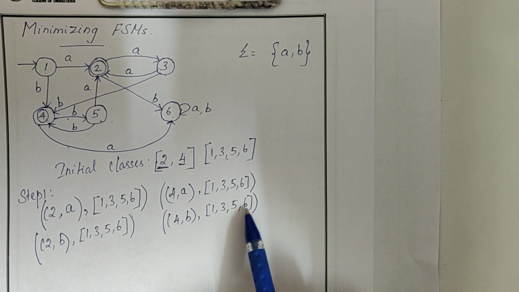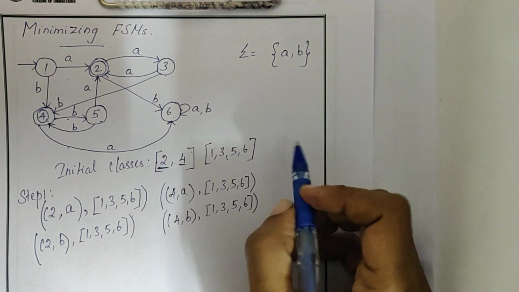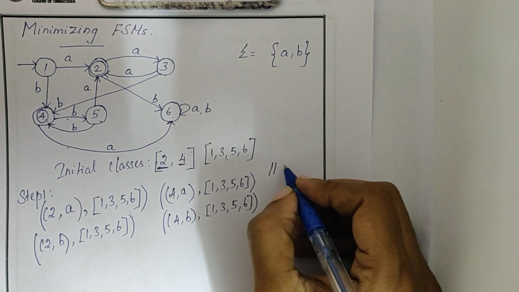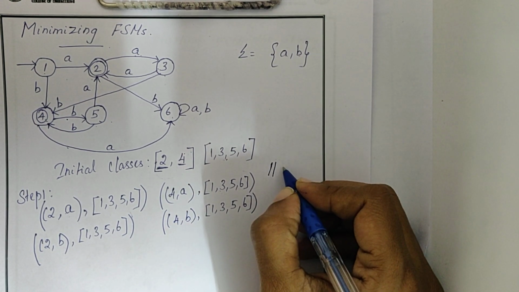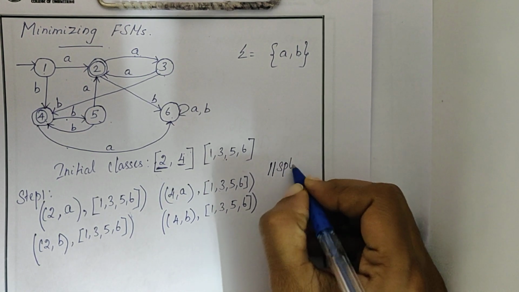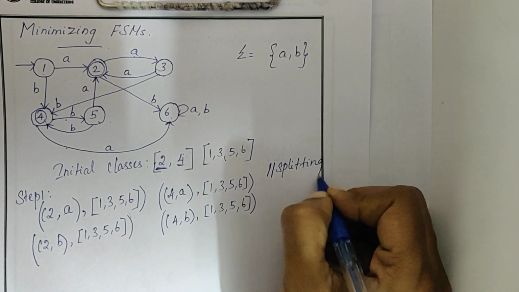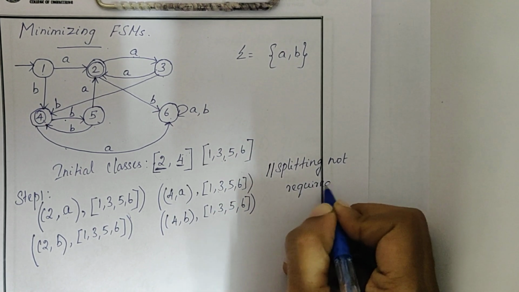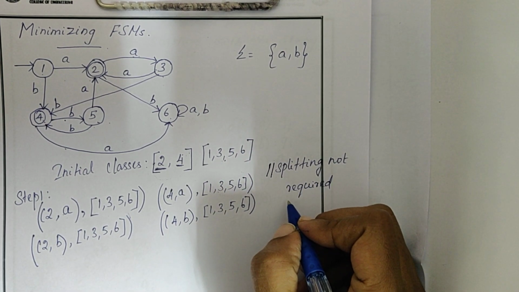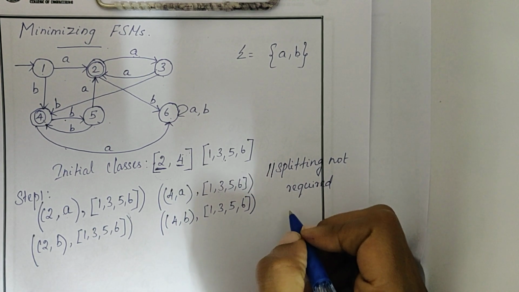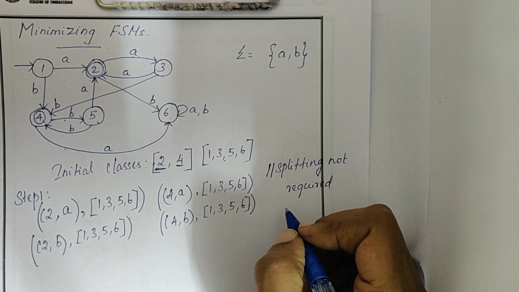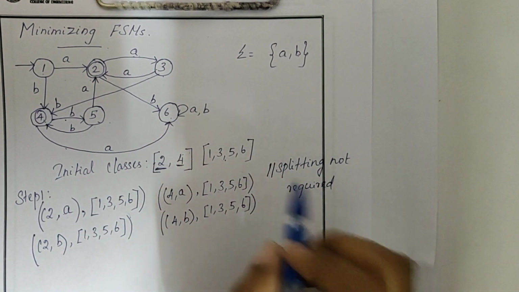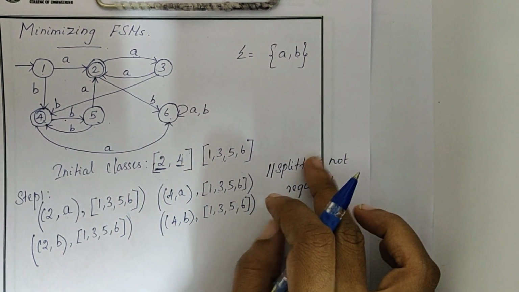So it is equivalent, so no need to split. Just write the comment: splitting not required. When should I split? When it is not equivalent. When it is equivalent, no need to split.